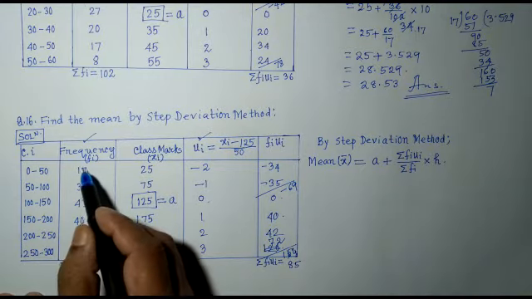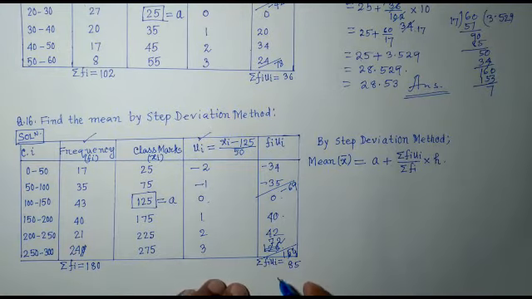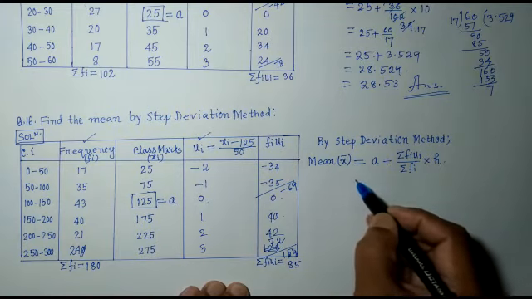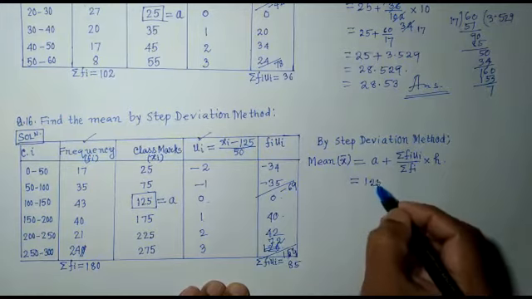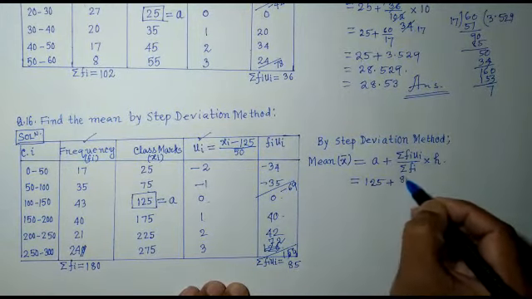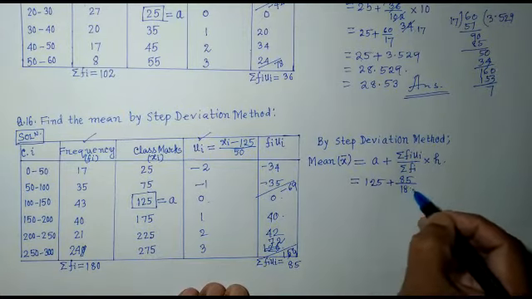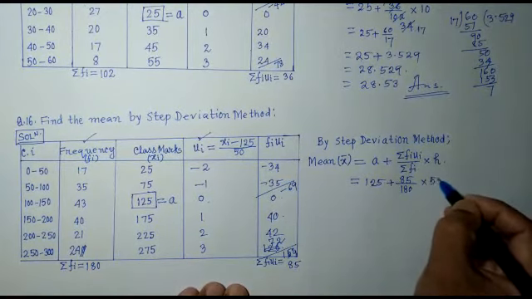And add all the frequencies. So we will have here 180. And put this value in the formula of the step deviation method. See, mean x is equal to, see what is the value of a, it is 125, plus the value of sigma fi ui is 85, and sigma fi is 180, into s's value is 50, we have explained before.